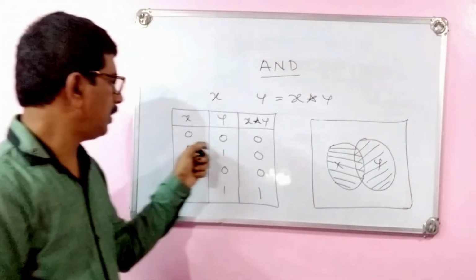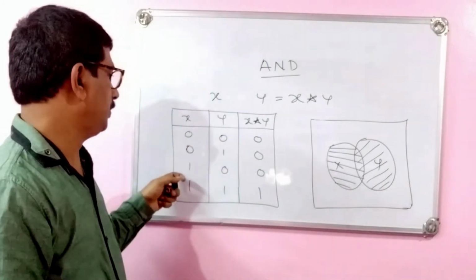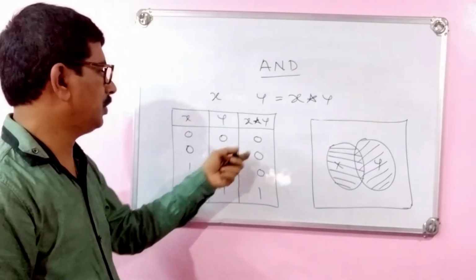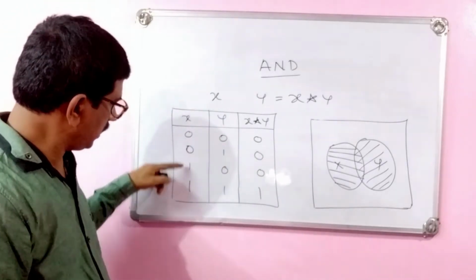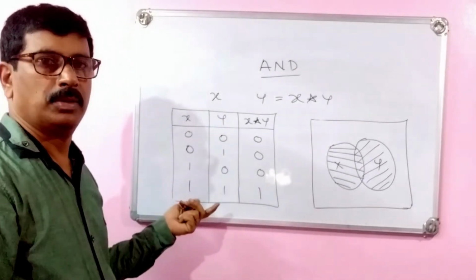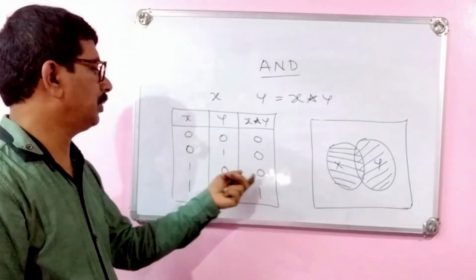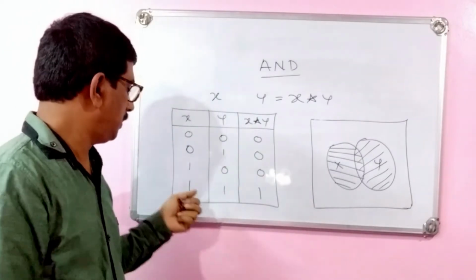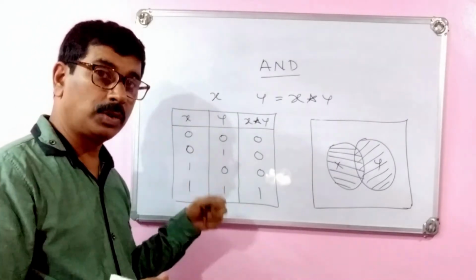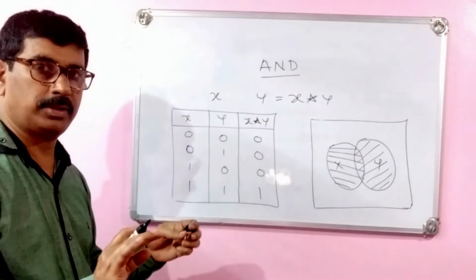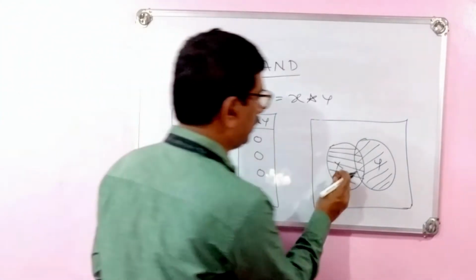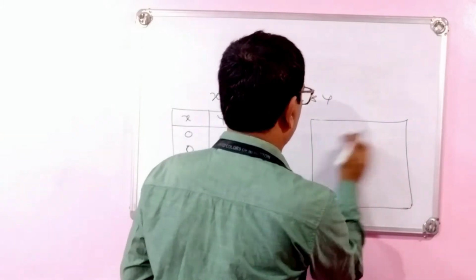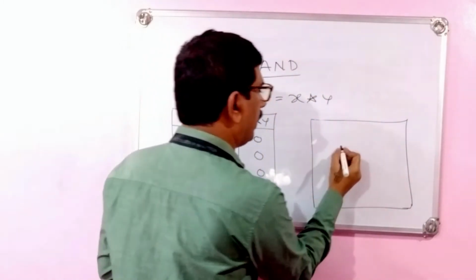So when x is 0, there will be no result, and when y is 0, there will be no result. When only x is 1, then also no result. Only y is 1, then also no result. But when x and y both are there, then it displays the result. So how can we represent it by using a Venn diagram?